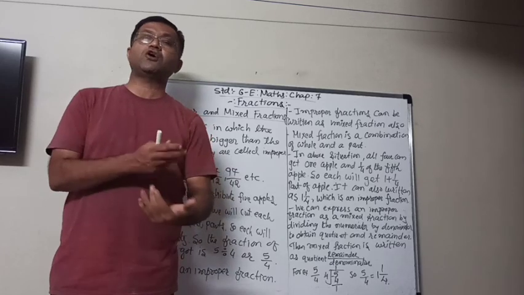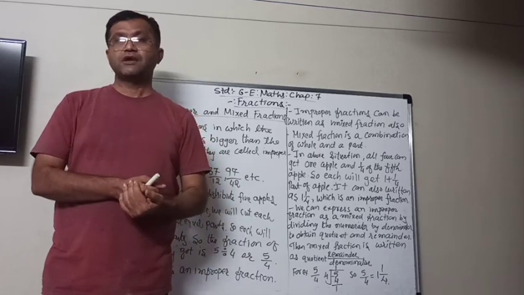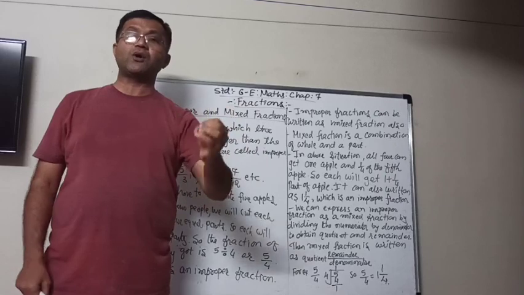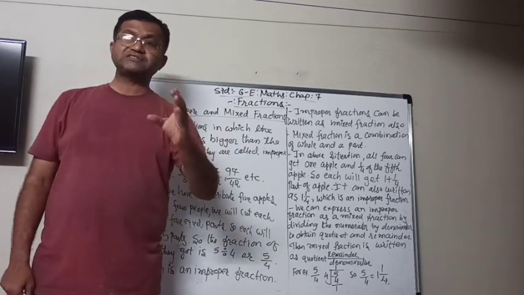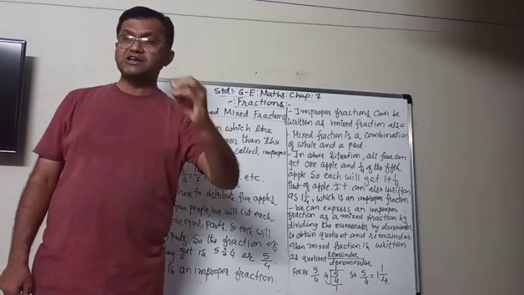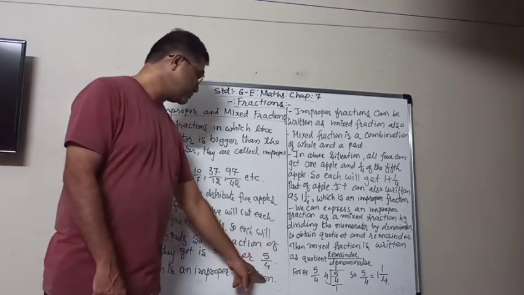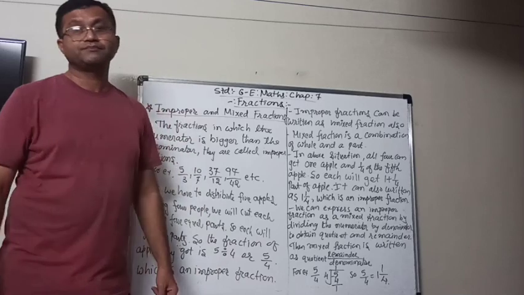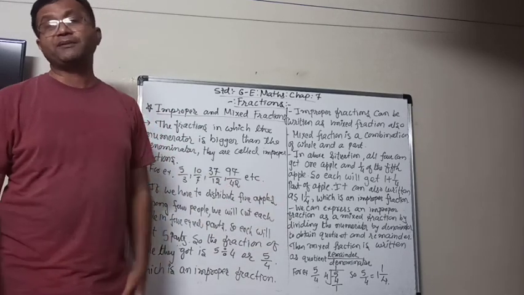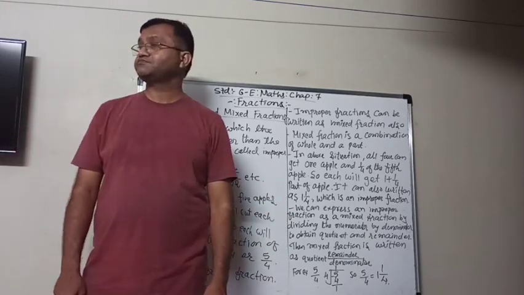Means 5 times they got a quarter part. So each one will get 5 upon 4. So the fraction of the apple that each person will get is 5 upon 4. So in this situation, the improper fraction is coming.